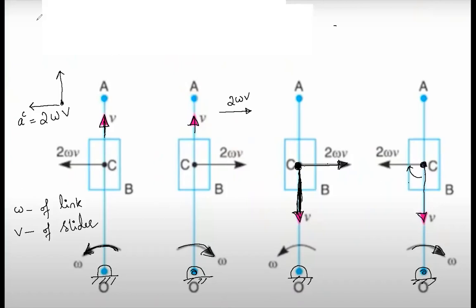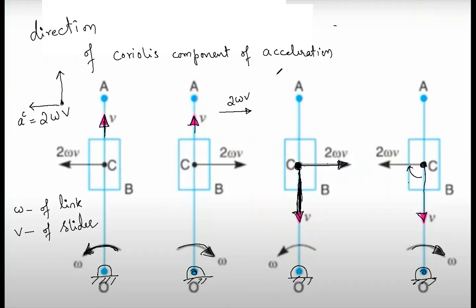So here, what did we learn? We learned the direction of the Coriolis component of acceleration. Magnitude, I have already explained how to find out.